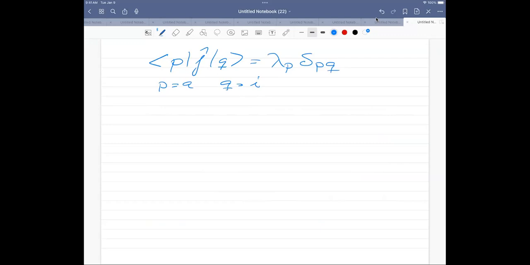Then this equation is obviously fulfilled, because then we have A of F of I simply equal to 0, right? So this is just one way to fulfill that equation.